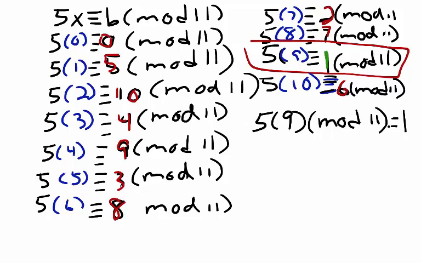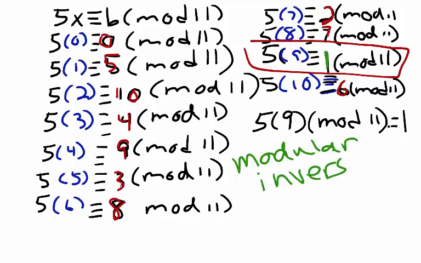This represents all values from 0 to 10. However, there's only one inverse, and as we found, our modular inverse is equal to 9.